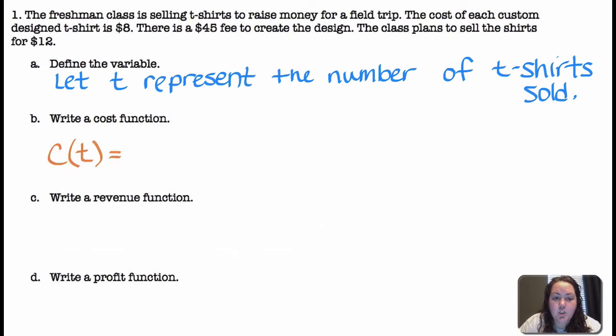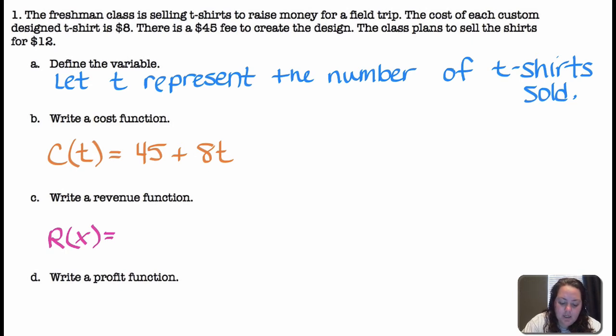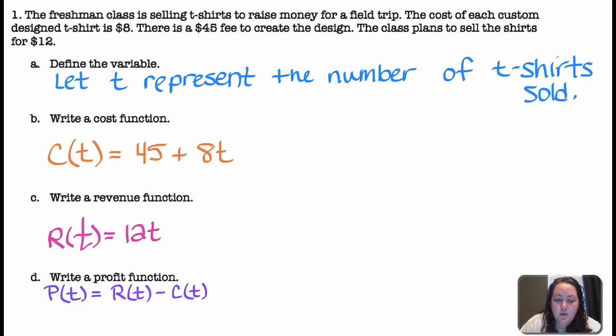The cost function would be the $45 fee to get them created plus the $8 per t-shirt, so $8 times the number of t-shirts sold. The revenue function, well, they're selling them for $12. So revenue of T would be 12 times T. Then the profit function would be whatever your revenue is minus the cost to make all of those.